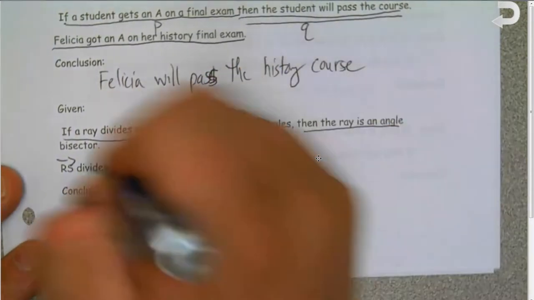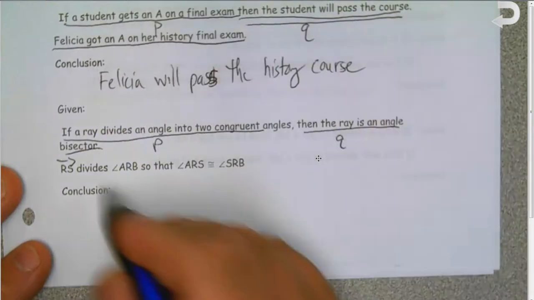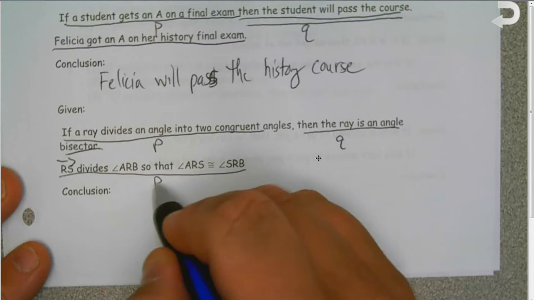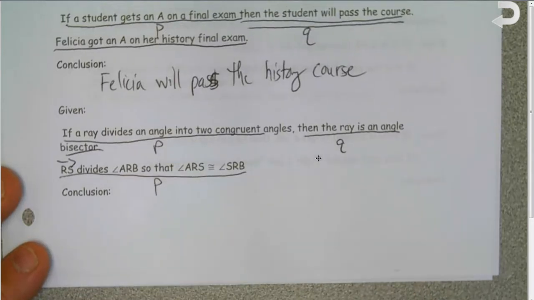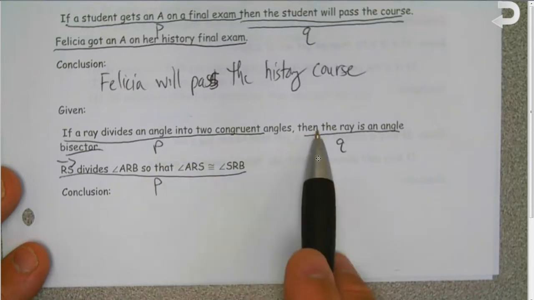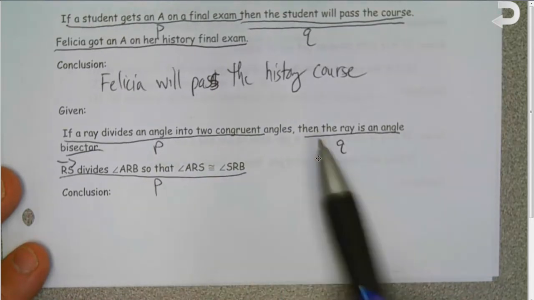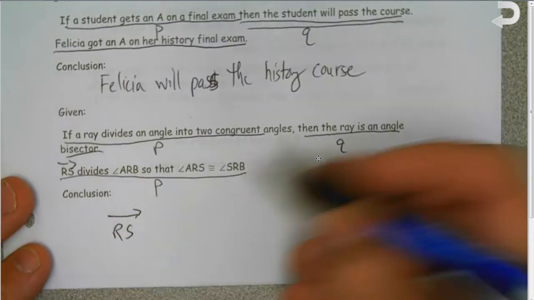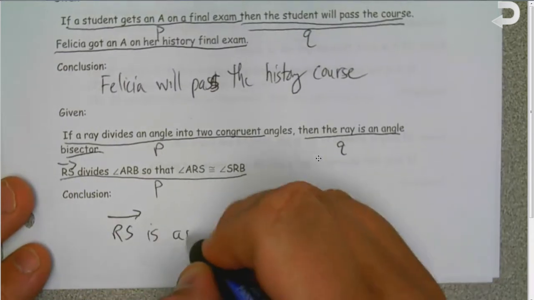Here is our conclusion. And then we started talking about ray RS. Well, that's another hypothesis. So if a ray divides an angle into two congruent angles, that's what happened, then the ray is an angle bisector. What's our conclusion? Ray RS is an angle bisector.